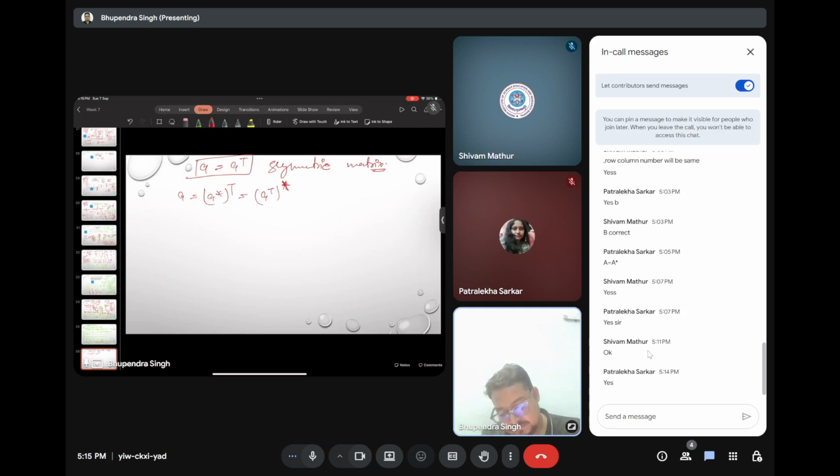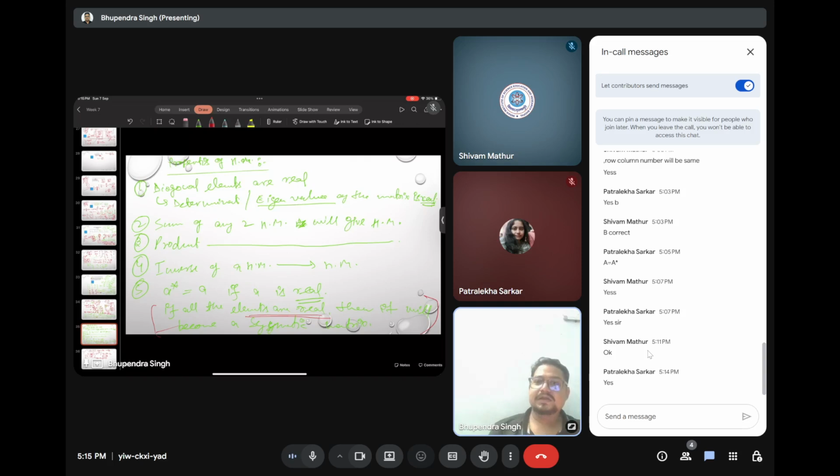So all numbers are real, so the conjugate of A will give you A. This is the transpose. So this is the condition of Hermitian. Because all the numbers were real, this condition will follow. So what will become? A transpose equal to A. So this is the condition of symmetric matrix. That is what we have discussed in the last point here.